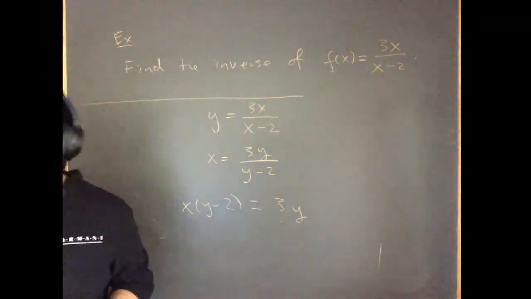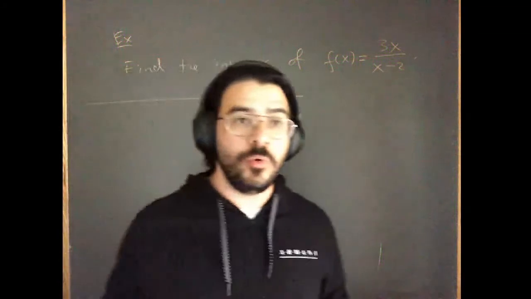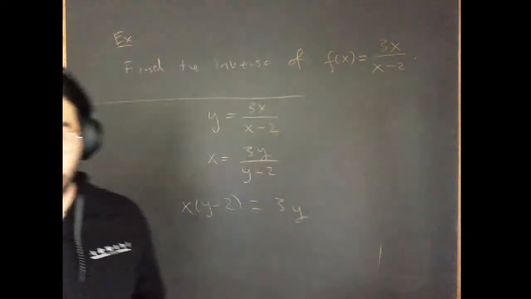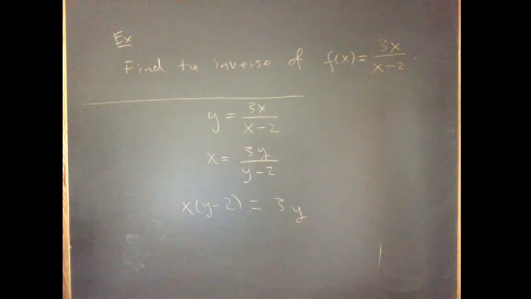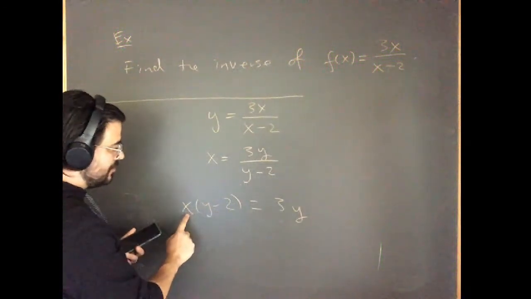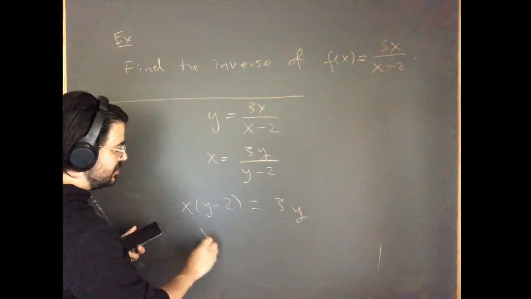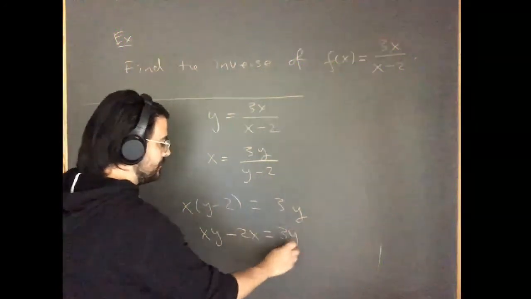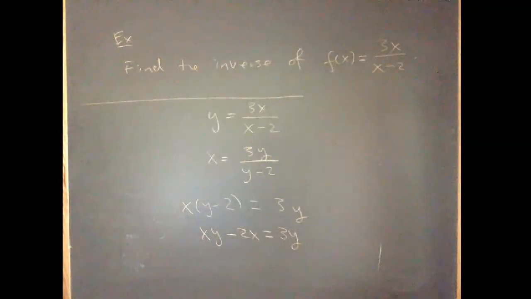Okay, the advantage of this is that there are no more fractions. Now we can work on isolating the y on its own. To isolate the y, don't add 2. Be careful here. We need to distribute this x first. So this is really x times y minus 2x equals 3y.